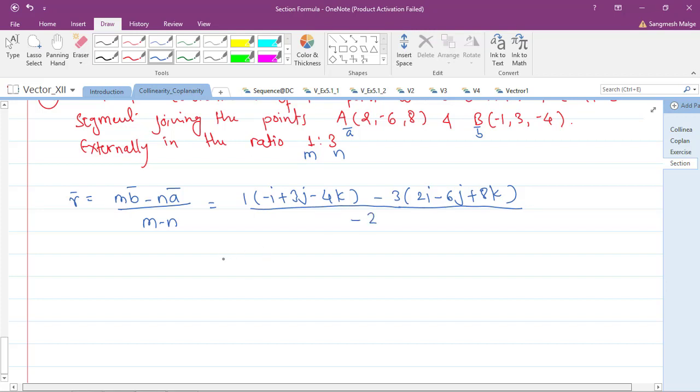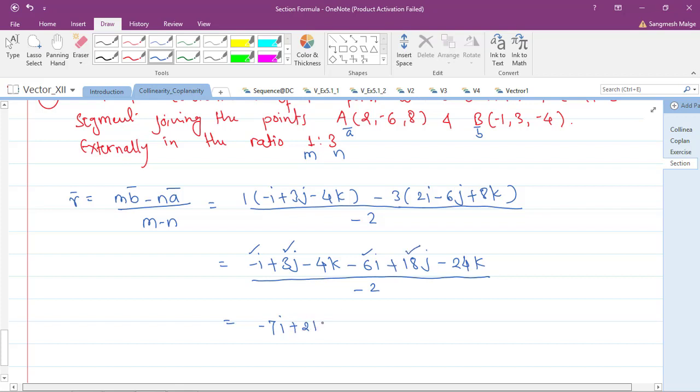So it is i plus 3j minus 4k minus 6i plus 18j minus 24k, whole divided by minus 2, which is equal to minus 7i plus 3 and plus 18 is 21j, and here minus 4 and minus 24 is minus 28k, whole divided by minus 2.